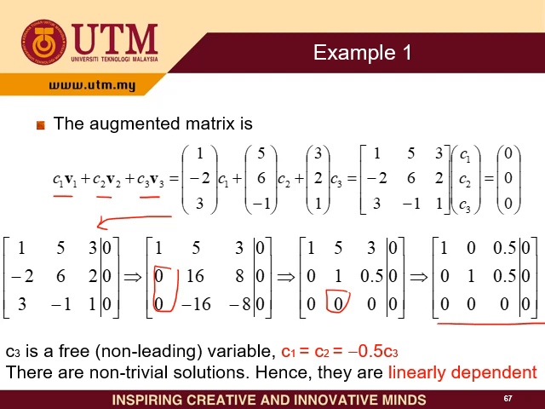Then we can see here our C3 is a free variable. So we can say that C1 here is equal to negative 0.5 C3. C2 is also negative 0.5 C3. These are non-trivial solutions, hence they are linearly dependent.